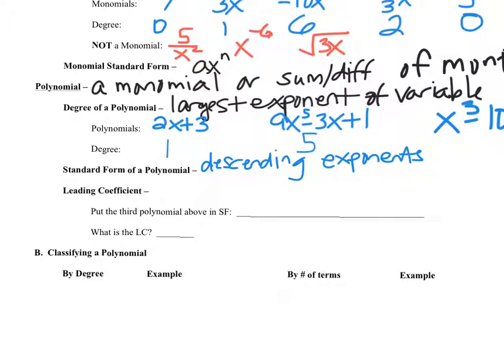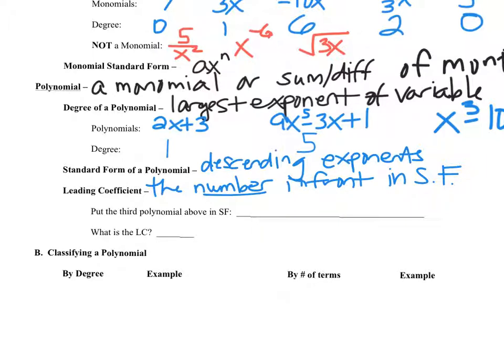It's just the number in front, not the variables. I always abbreviate standard form as SF. I know that's San Francisco to some of you, but standard form.